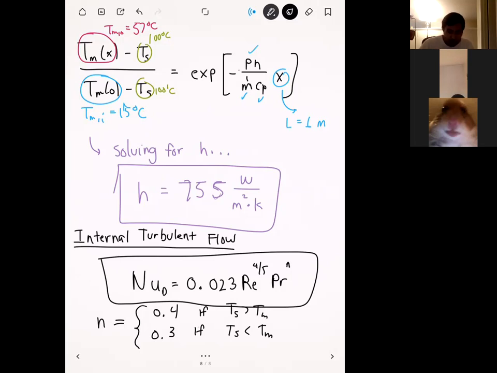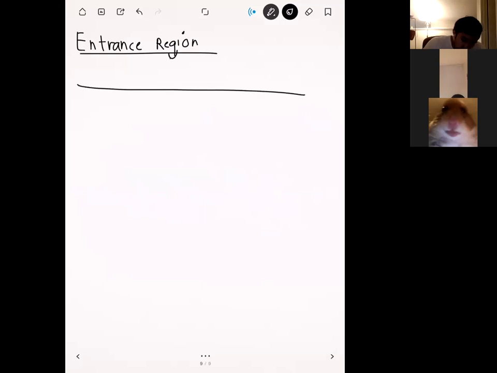All right, so one more point I want to make for internal convection is about the entrance region. If you remember, when we first started talking about internal convection, there is this region at the beginning of the pipe, which I call the entrance region. Let me draw the situation again.